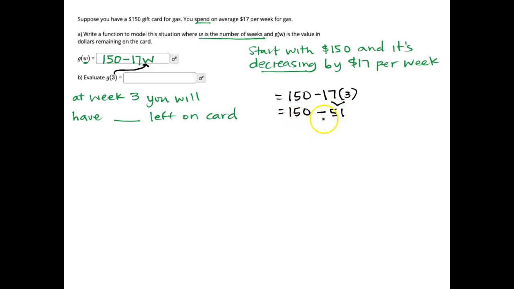So I have 150 minus 51, and then that's going to give me 99. So that is telling me I'm going to have $99 left on the card at week 3. All right, hopefully that helps clarify some things on there.